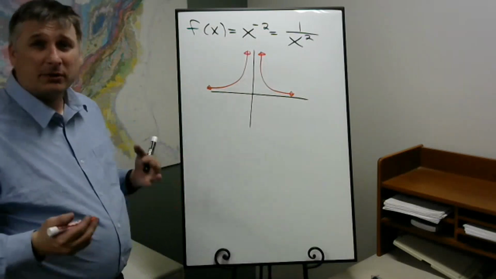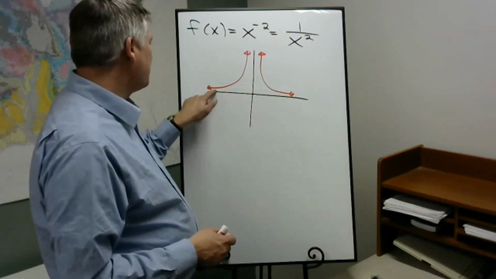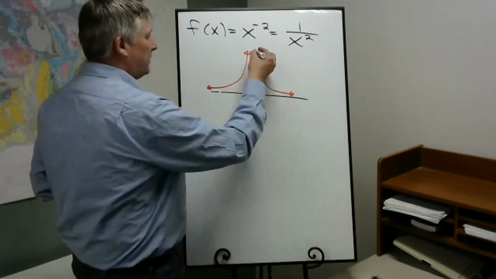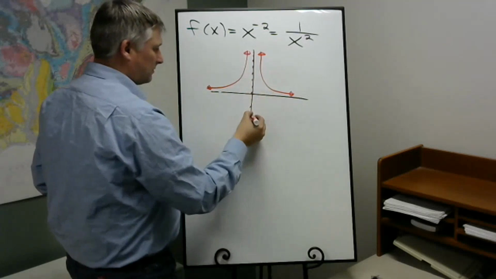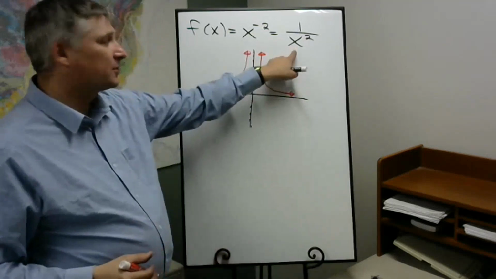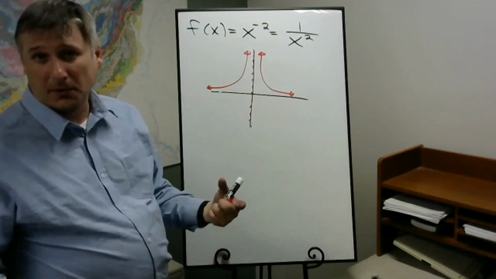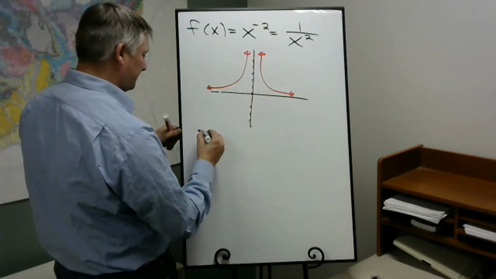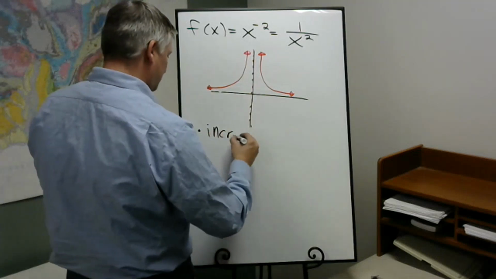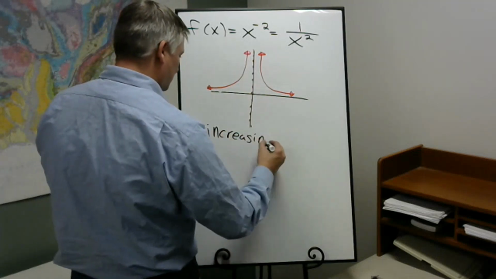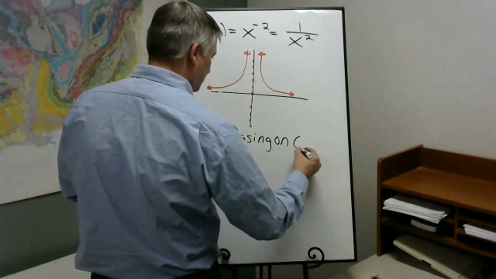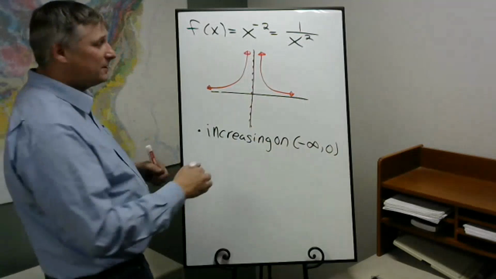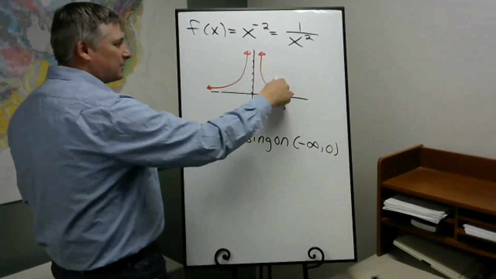Now, in this case, though, if we look at the two branches, on this branch, we're always increasing. Now, I should note, we also have a vertical asymptote at x equals 0. If x is 0, we'll get a division by 0 squared, which is 0. So this is increasing. And then it's also decreasing. On this branch, it's dropping down.